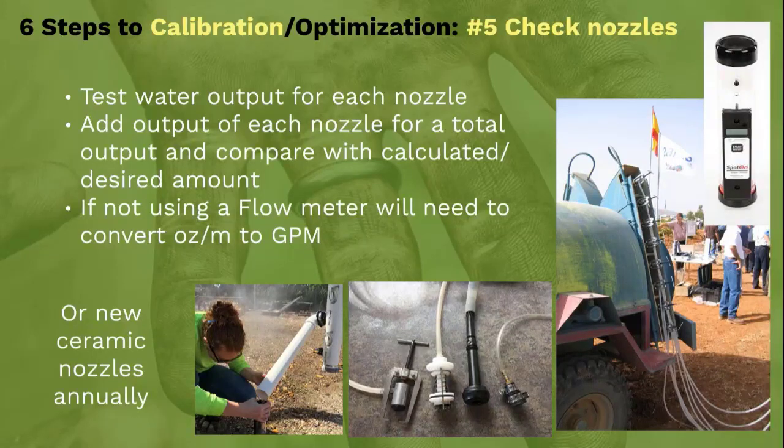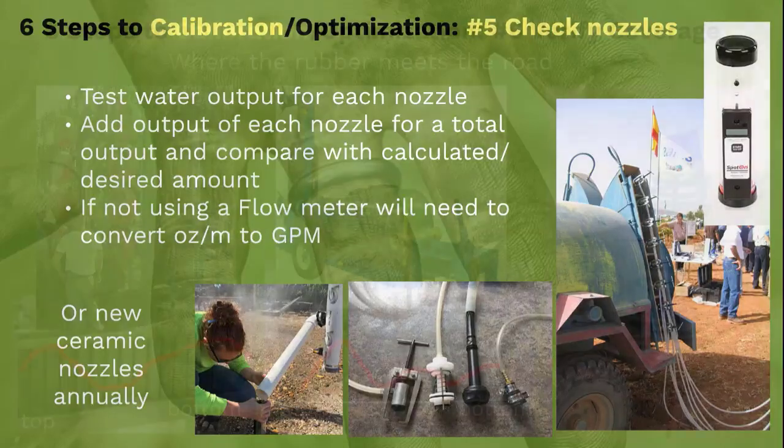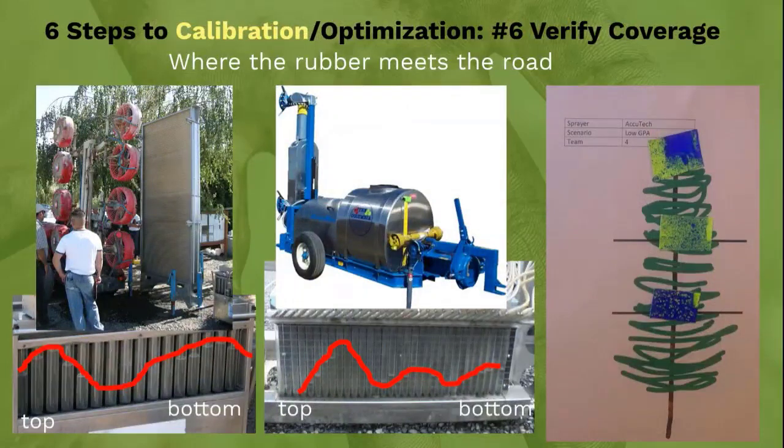If you replace them with brass or stainless steel, especially in a tree fruit pesticide program, you should not expect those to last an entire season. You can check them again in the middle of the season if that's something you have time for, or just automatically replace them again.